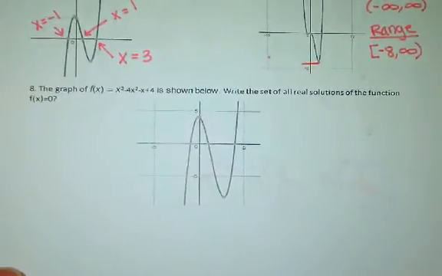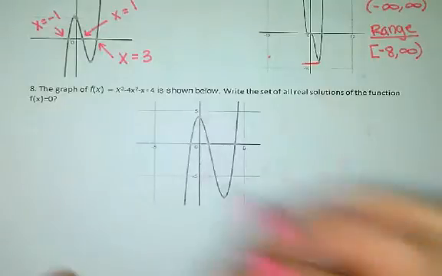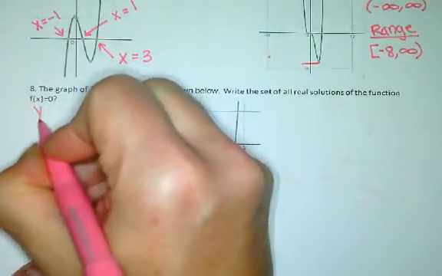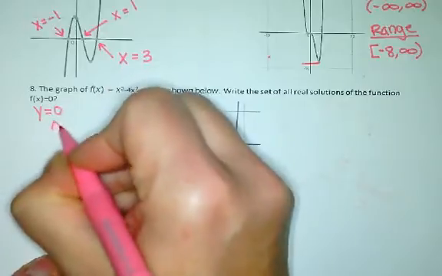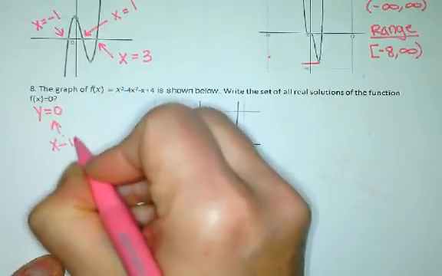All right, the next one says the graph of f of x equals x cubed minus 4x squared minus x plus 4 is shown below. Write the set of all real solutions of the function f of x equals 0. Again, f of x equals 0 is the same as y equals 0, which is an x-intercept.